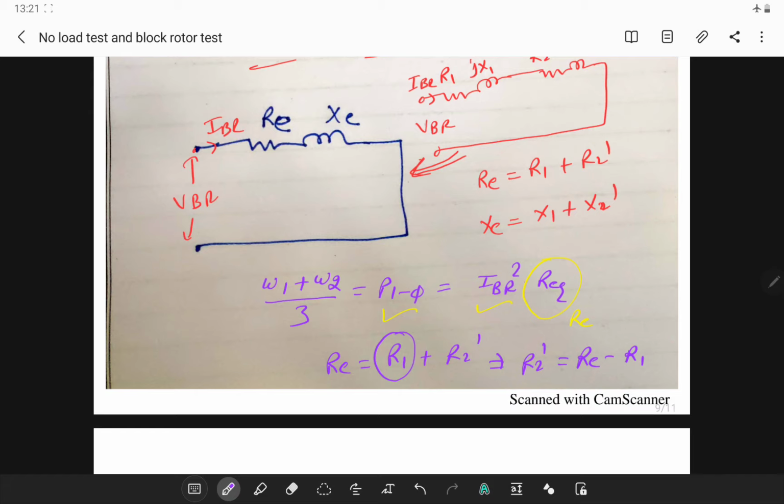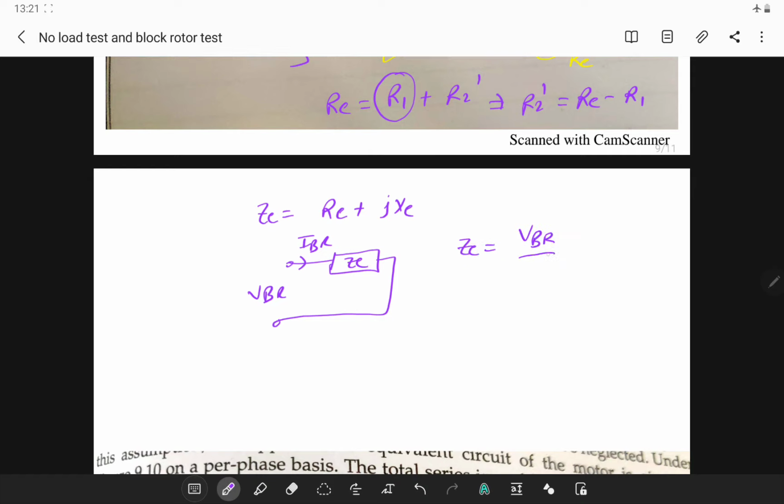And finally, what is left? Left is Xe. So what can I do? I can write Ze is equal to Re plus jXe. So I can draw the circuit like this: Vbr, Ibr, and this is Ze. So can I say Ze will be Vbr upon Ibr?